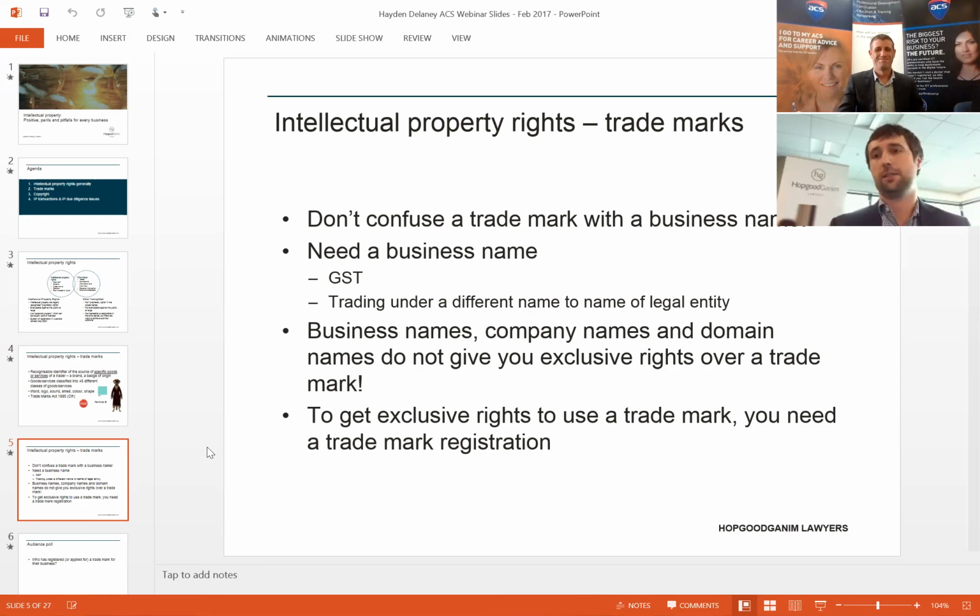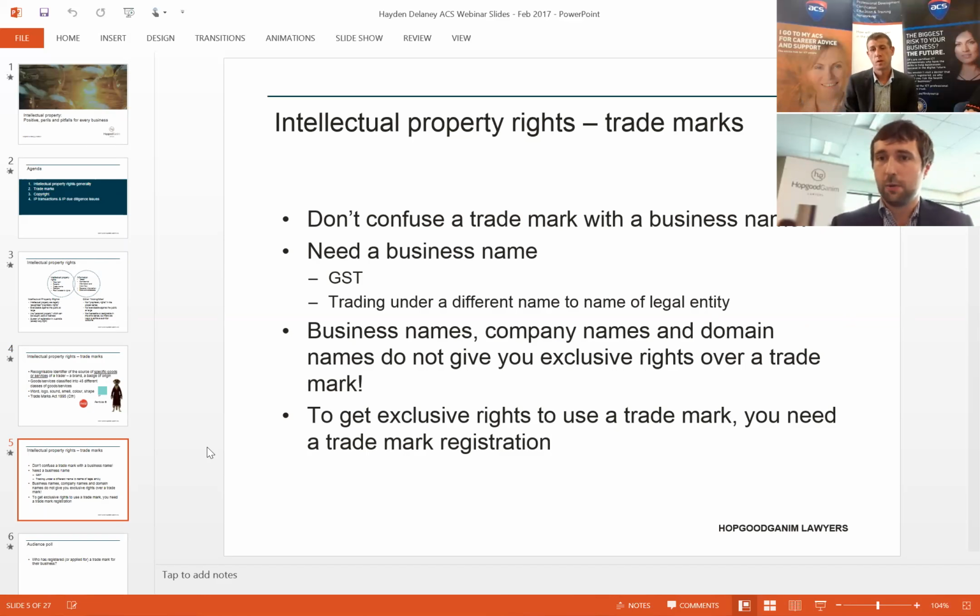Before jumping into a little bit more detail, I want to explain a common misconception. Don't confuse trademarks with business names. These things are different. Okay, a trademark is different to a business name. A business name, the reason you might have it is because, say you have a legal entity, XYZ Pty Ltd, and you might trade under a different name as part of your business to XYZ Pty Ltd, and the public need to know what legal entity sits behind the business.